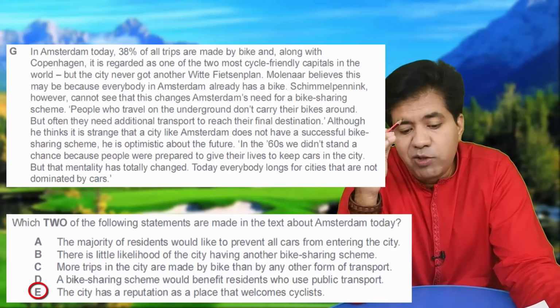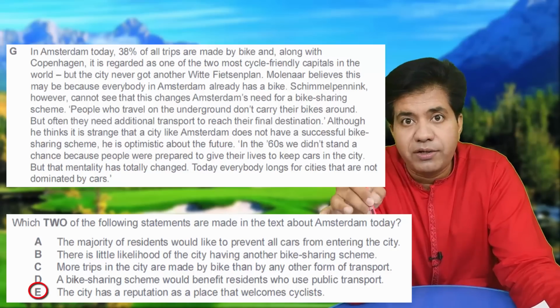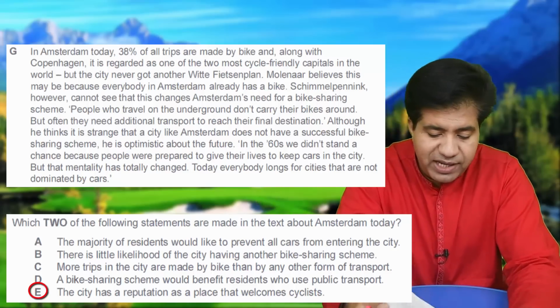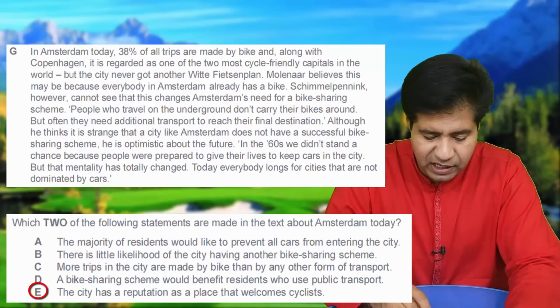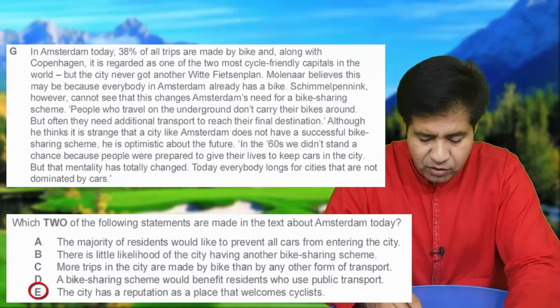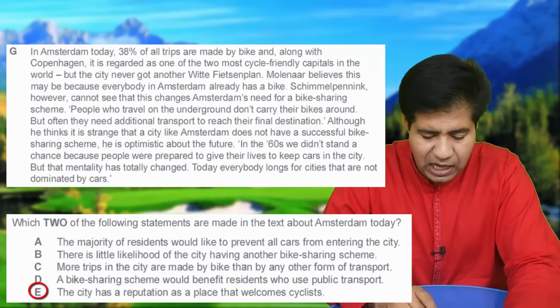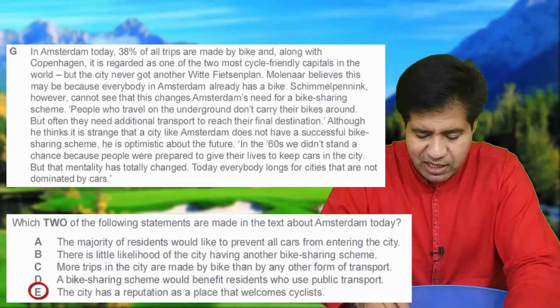Well guys, let me tell you another thing. These options are not in order. They are all in random order. Now let's read on. We see if we find another one. But the city never got another Witte Fietsen plan. Molinar believes this may be because everybody in Amsterdam already has a bike. Schippening, however, cannot see that this changes Amsterdam's need for a bike sharing scheme.